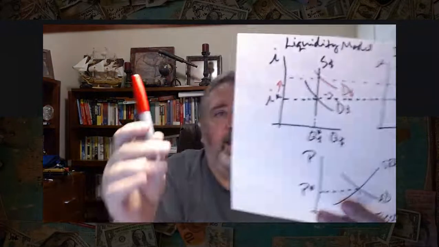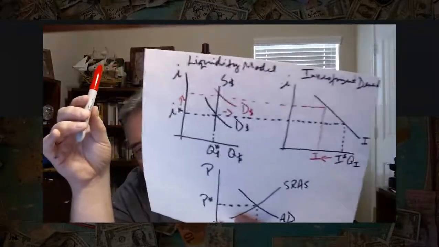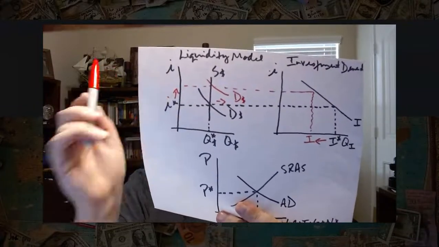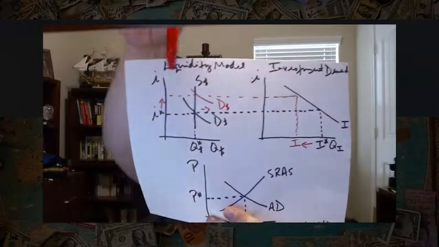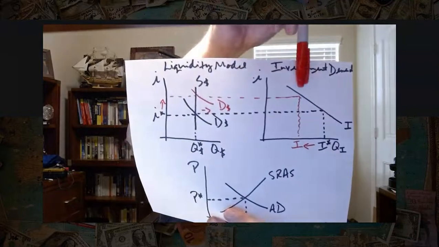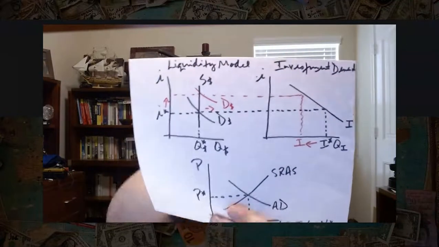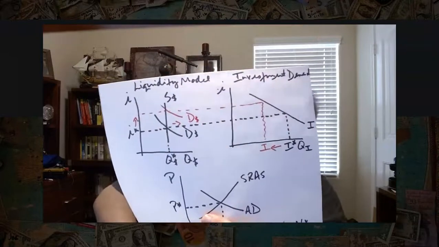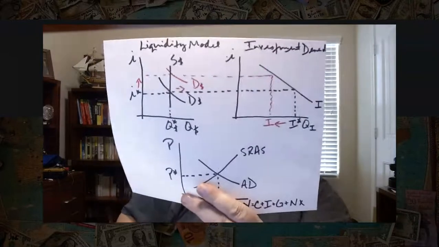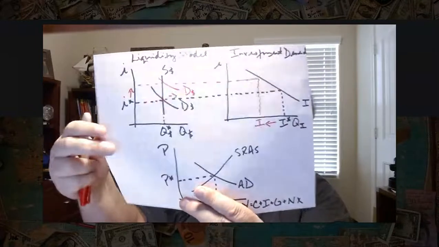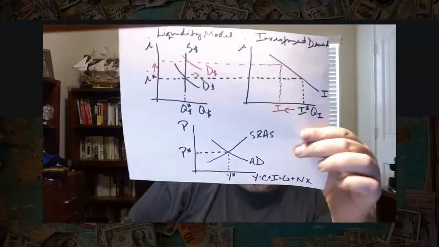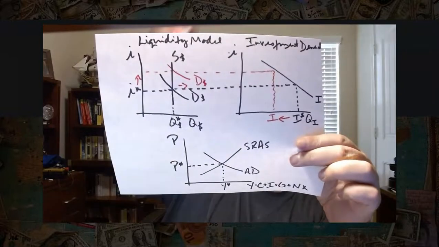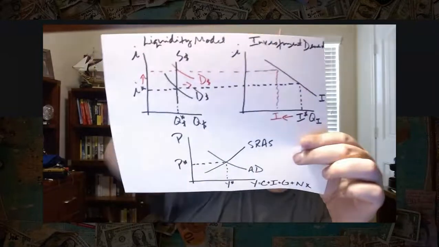So interest has now gone up here. And then you can see where we're now intersecting the investment demand curve, because that's a downward sloping curve to denote that inverse relationship between interest rates and the quantity of investment demanded. That's the whole idea. Higher interest rates create a disincentive for businesses to borrow that money to spend on capital goods, and that's what I means. So this is going to cause I to fall.